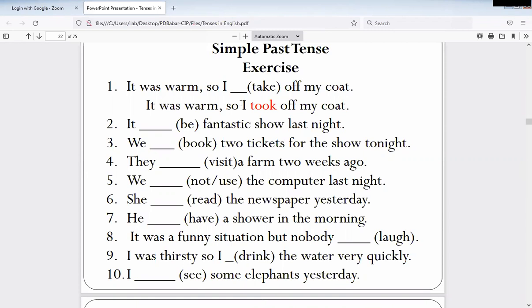Let's see the second example. It dash, in brackets be, fantastic show last night.